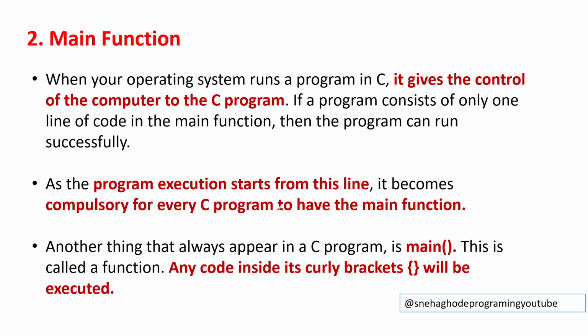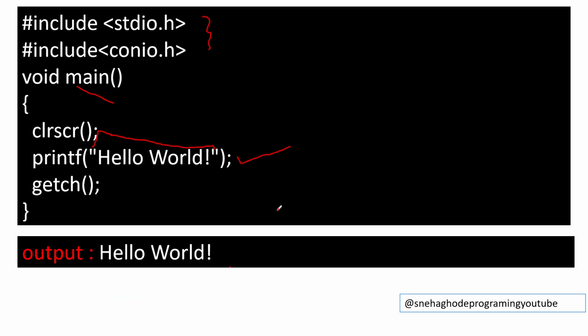If a program consists of only one line of code in the main function, then the program can run successfully. Here, this is the smallest program of our C language, where only printf is included in our main function. Whatever data it has, it is going to print that.